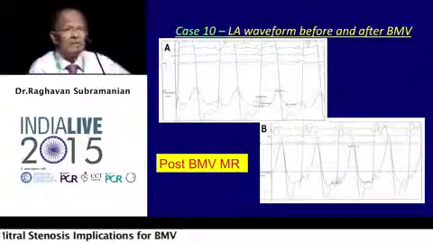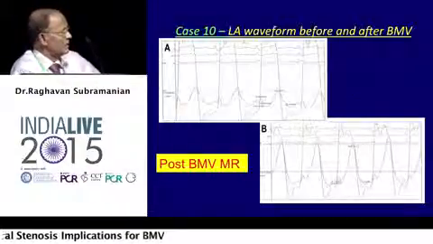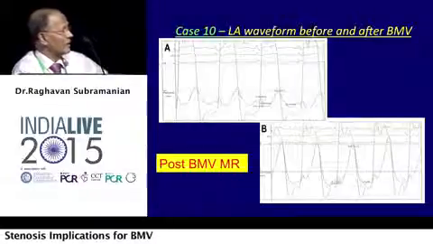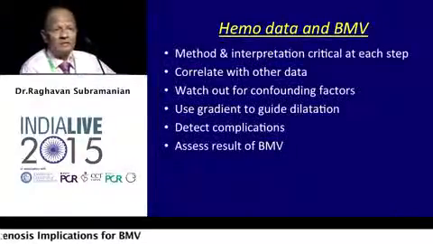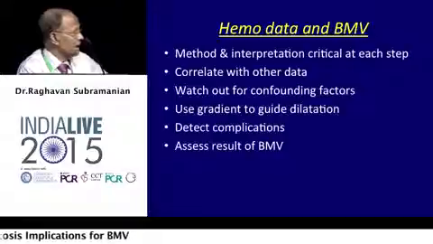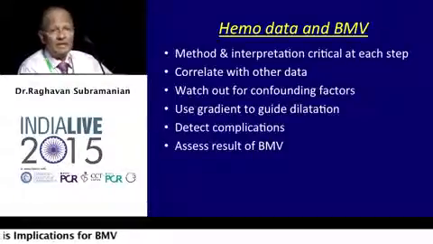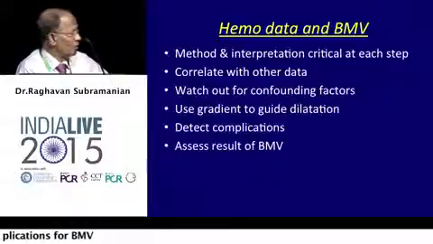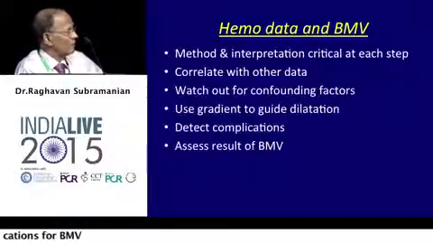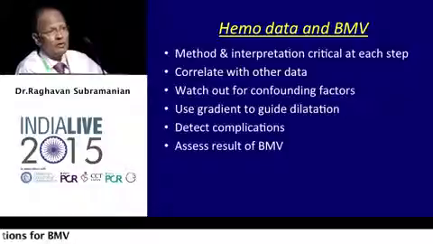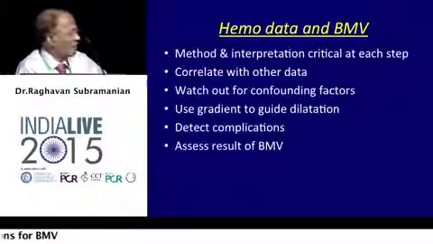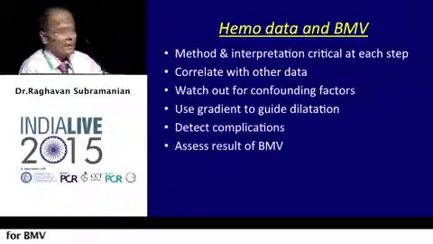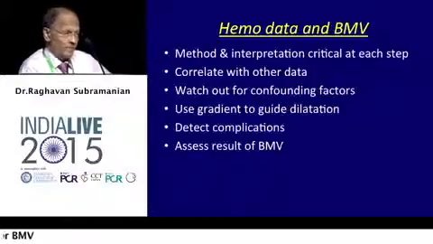So in conclusion, ladies and gentlemen, method and interpretation of hemodynamics are critical at each step of balloon mitral valvotomy. Please correlate hemodynamics with other data, echo, fluoroscopy, and any other information you have. Please watch out for confounding factors like cardiac output, heart rate, blood pressure, fluid status, and whether diuretics were stopped in time or given in the morning.